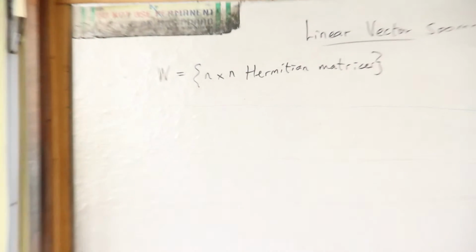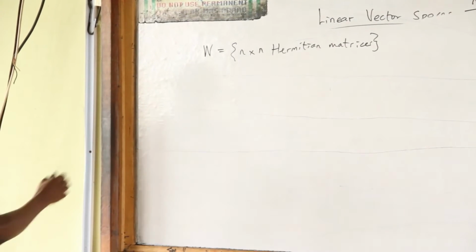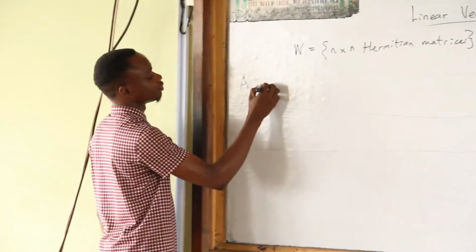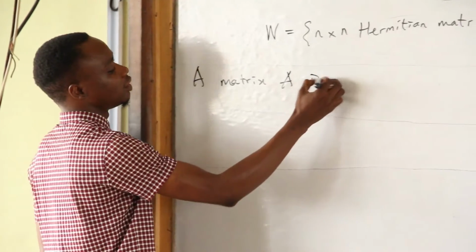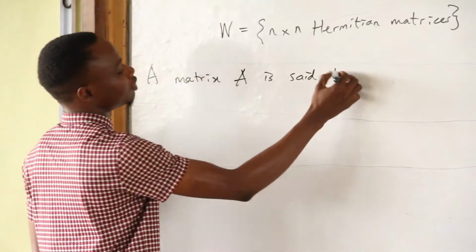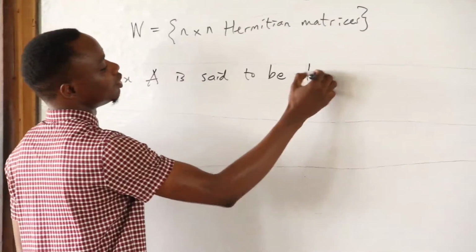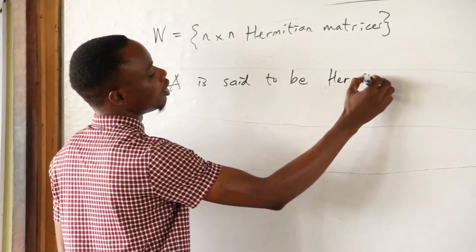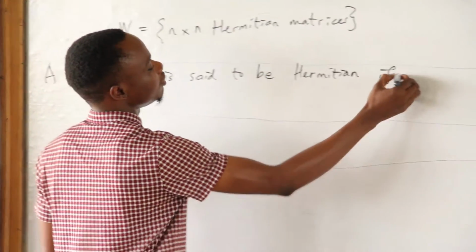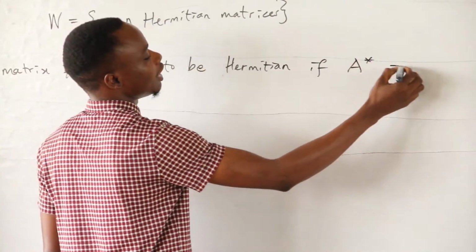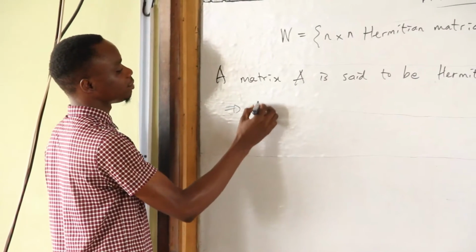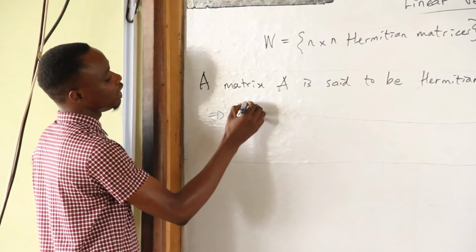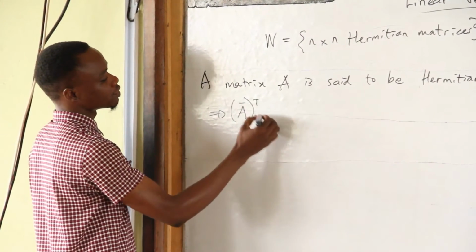A matrix A is said to be Hermitian if A star equals A. What do we mean by A star? A star simply means A bar transpose.